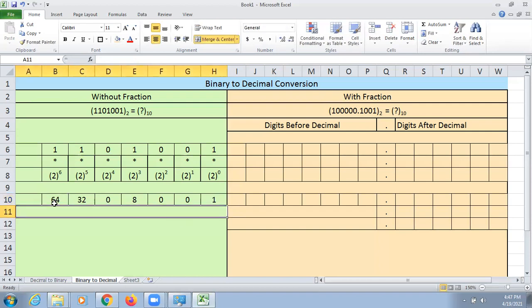Now you have to do the addition of all these numbers. 64 plus 32 plus 8 plus 1. I'm also applying the formula here so that you can check that I'm doing only the calculation, the addition. 64 plus 32 plus 8 plus 1 equals 105.